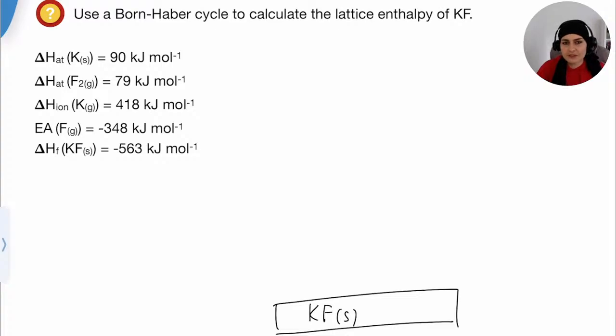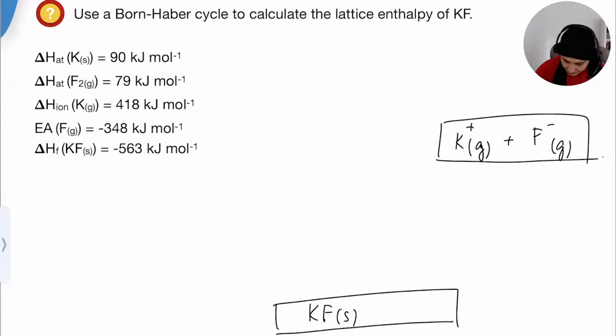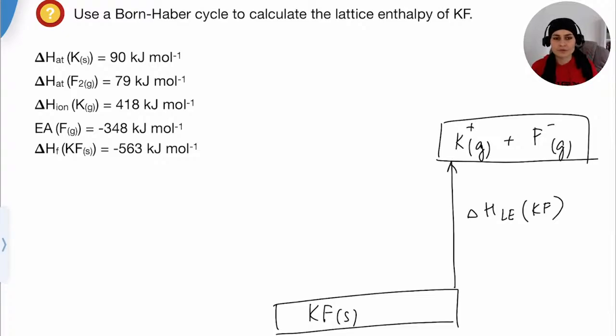By definition, lattice enthalpy is when you're breaking up 1 mole of an ionic solid to form gaseous ions. So somewhere here I would write K plus gas and F minus gas. That would be my lattice enthalpy. Lattice enthalpy of KF, that's my direct route. That's what I will want to find.